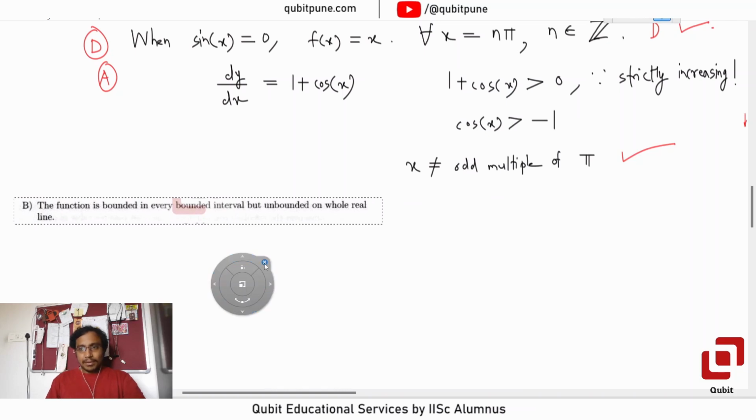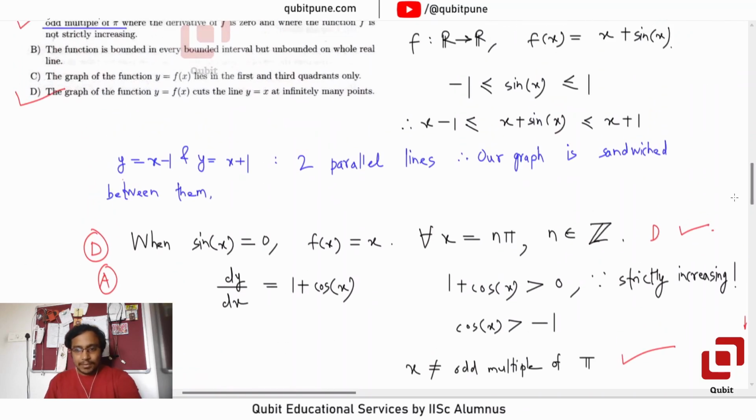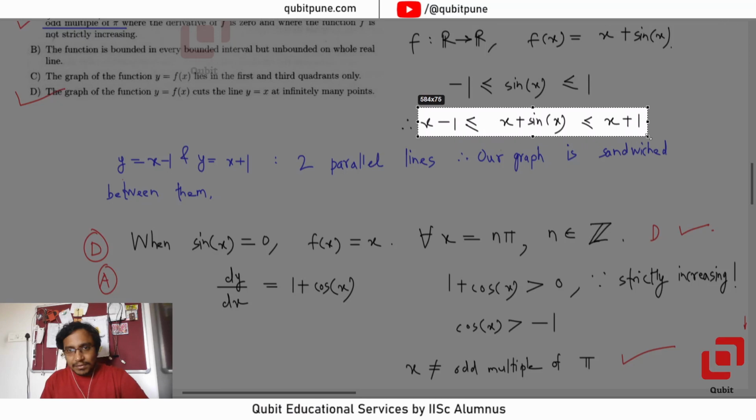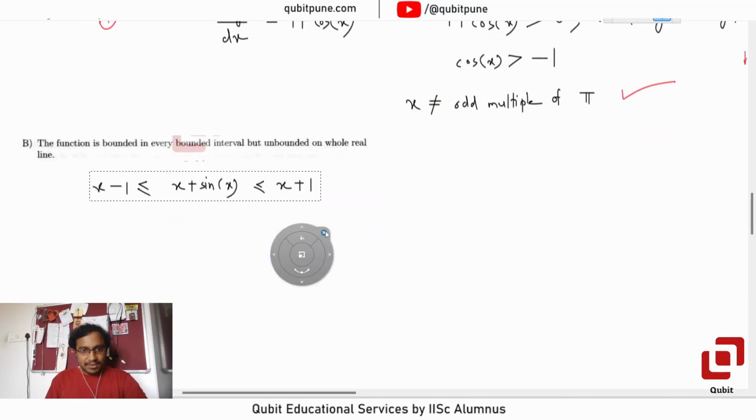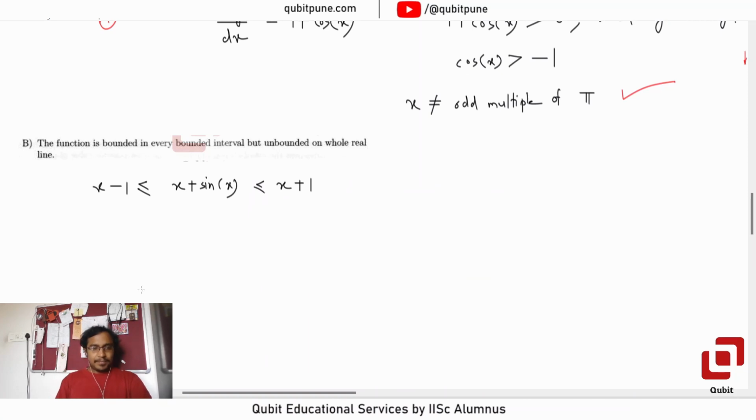Okay, so because of this, I can say that given an interval AB, what can we say?